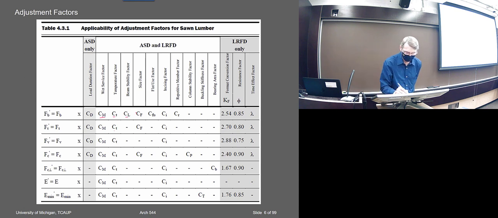Size factor is almost always applicable because you've got different sizes. Flat use is another one that's almost always 1. Flat use only applies when it's flat. And how many beams are used in a flat use? Very, very rarely. So that one's not very common.